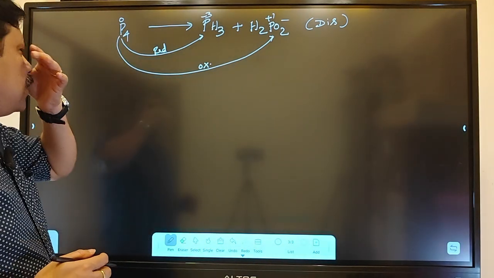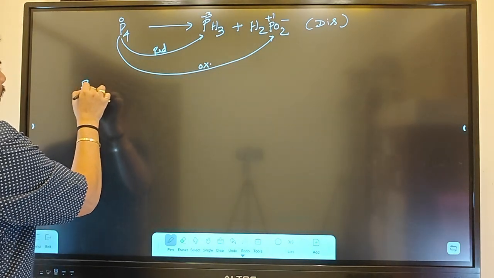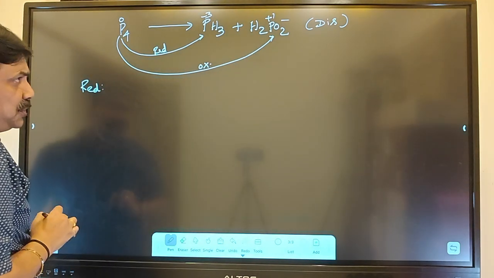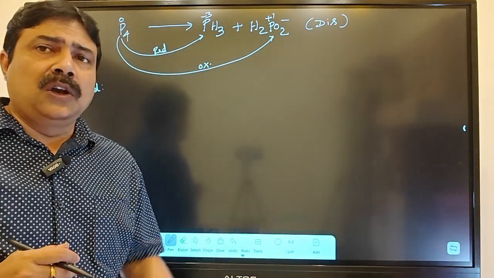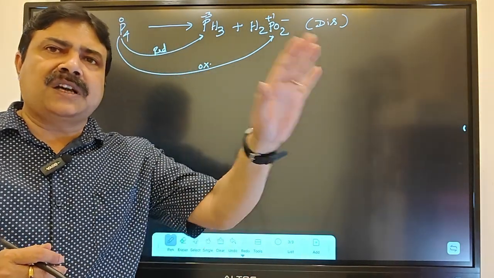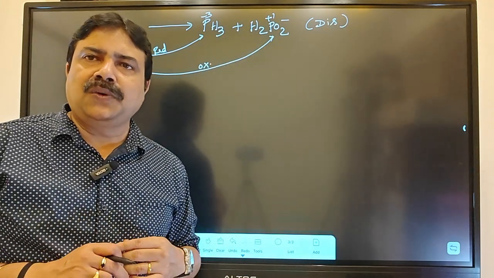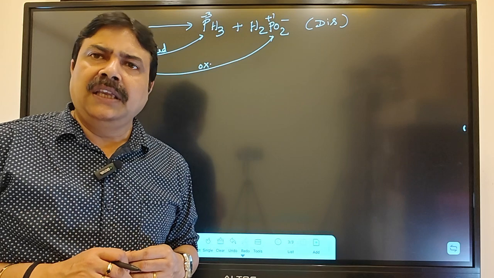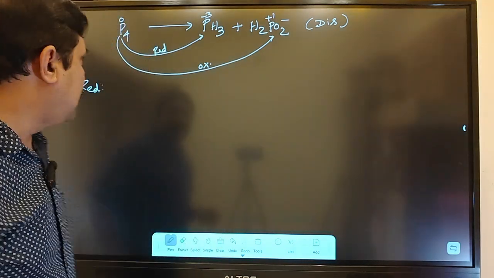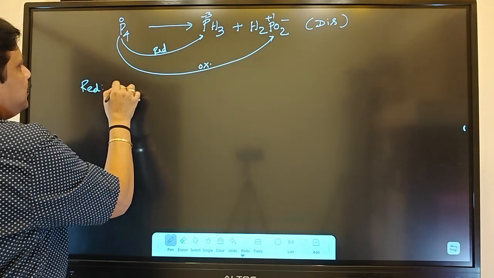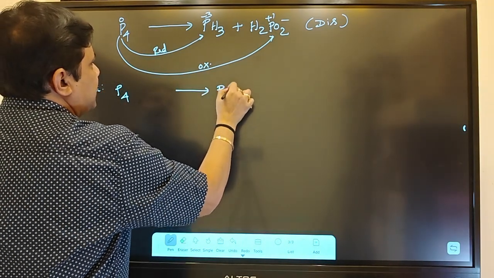Now first, with the same method, separate the reduction reaction. The specialty of a disproportionation reaction, as I told you during N factor calculations, is that one time you have to think of P4 converting to PH3, and the next time the same P4 converting to H2PO2 minus; only then can you understand and balance the redox reaction. Now for reduction, P4 is converting to PH3.